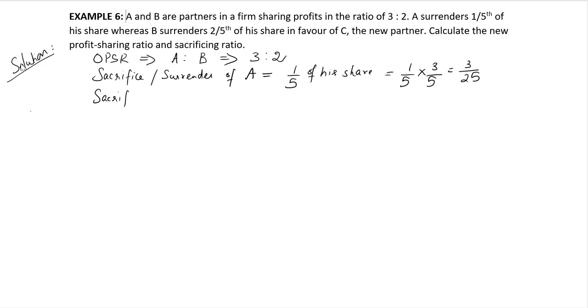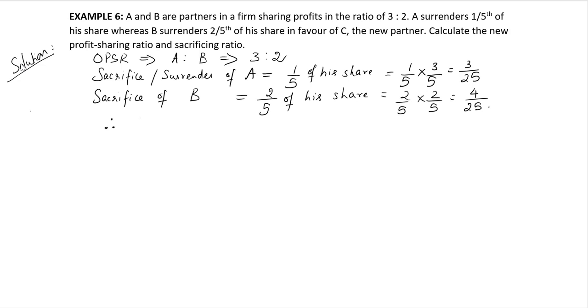Sacrifice of partner B is equal to 2/5 of his share, which is equal to 2/5 into B's share, which is 2/5, which is equal to 4 divided by 25.